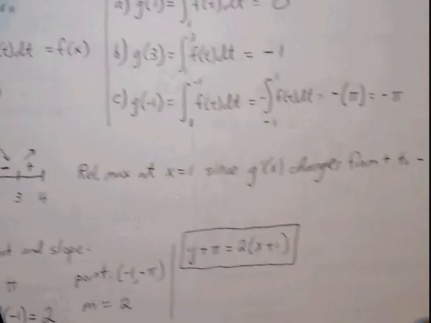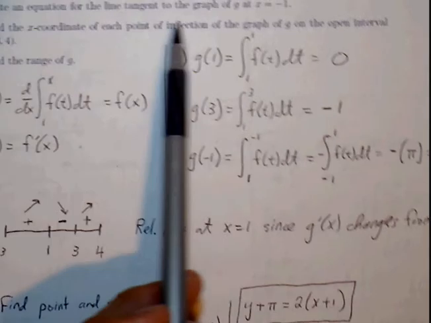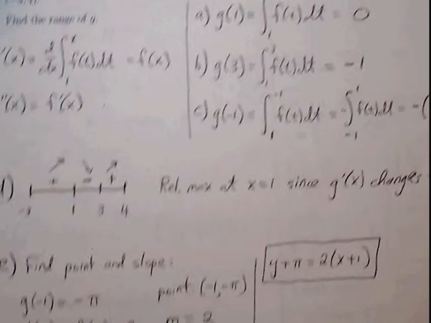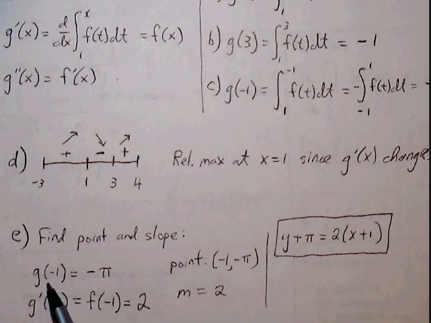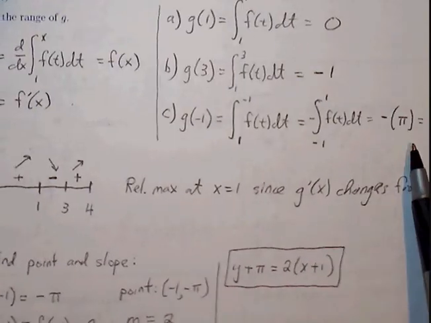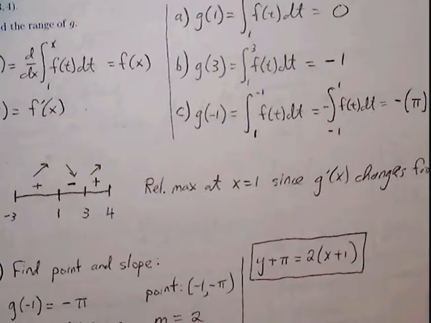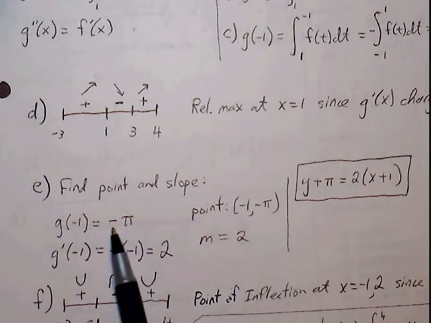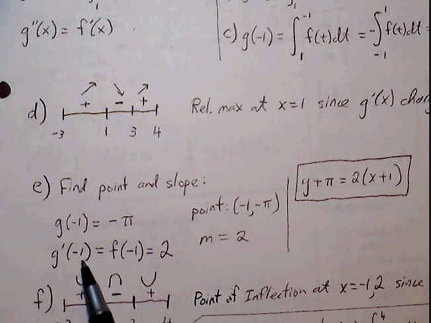Okay, part E, write the equation for the line tangent to the graph at x equals -1. If we want to find the tangent line equation, we need the point and we need the slope as well. So g of -1 we found from part C is equal to -pi. So we have our ordered pair, -1, -pi. That's our point. And to find the slope, I need g prime of -1.